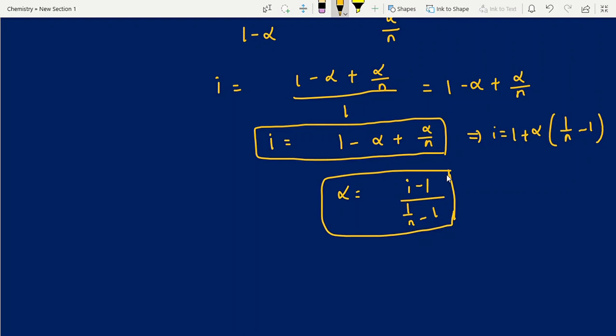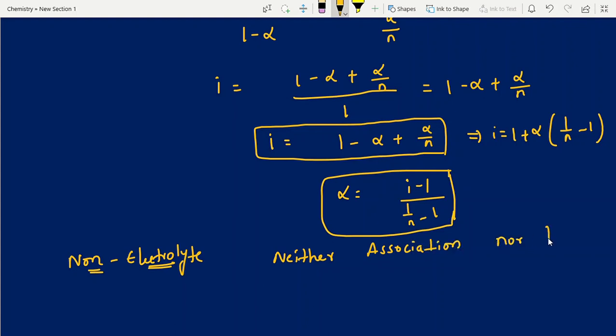Now another point. Last one is non-electrolyte. With theory, many questions we can cover. Non-electrolyte is nothing but neither association nor dissociation.